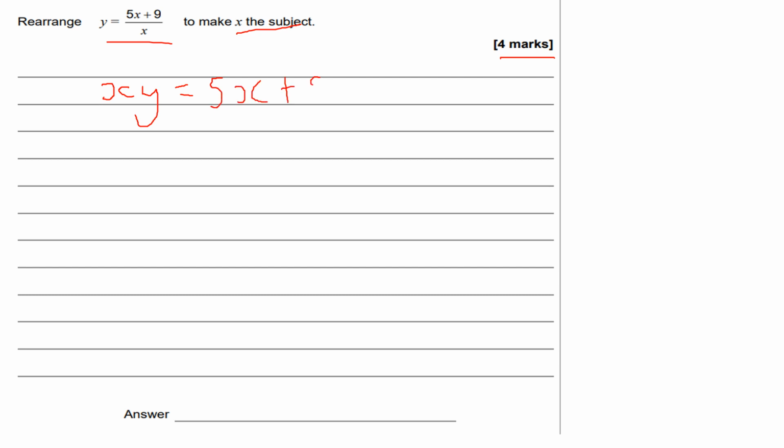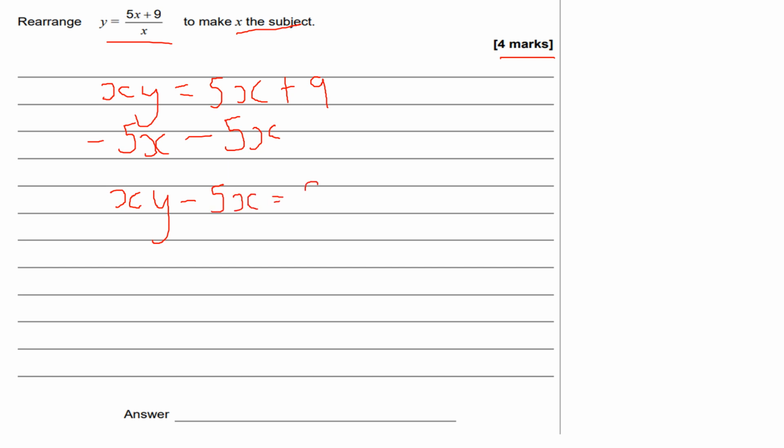I'm going to subtract 5x on both sides because I want to get all my x terms together and all my non-x terms on the other side. So I'm going to have xy minus 5x is equal to 9, and it will become clear in a second why I've done this.